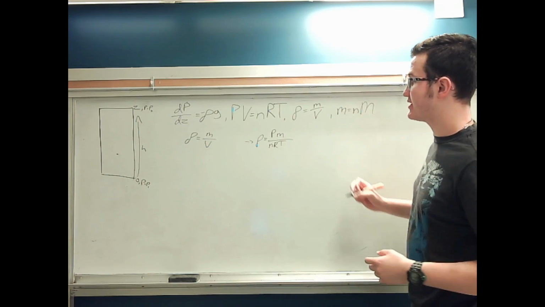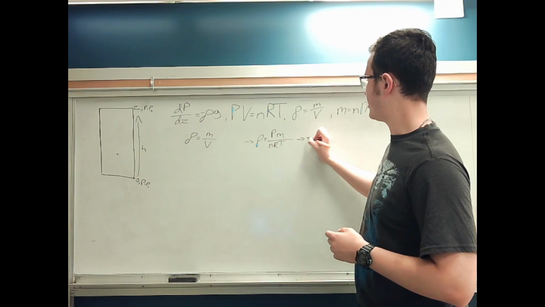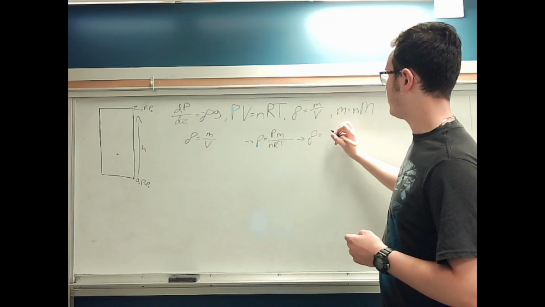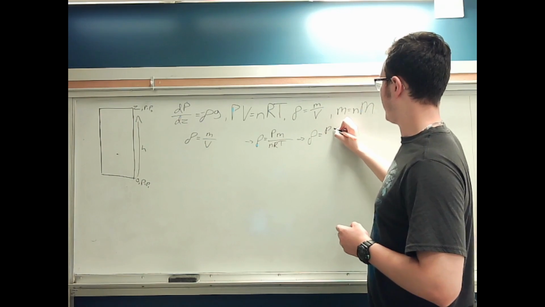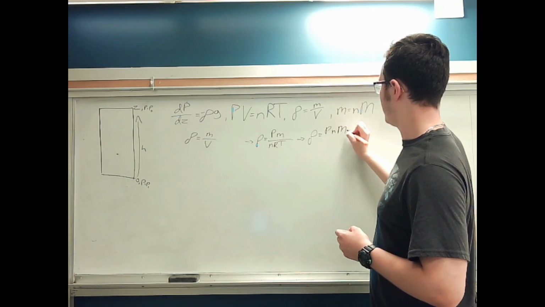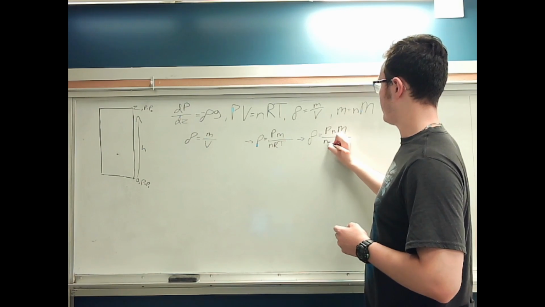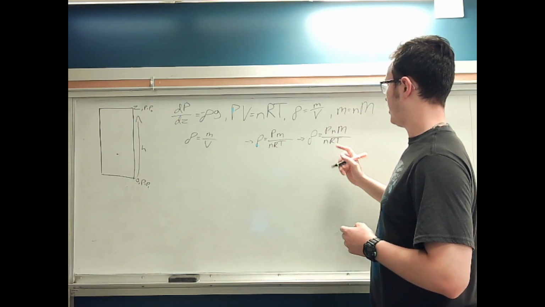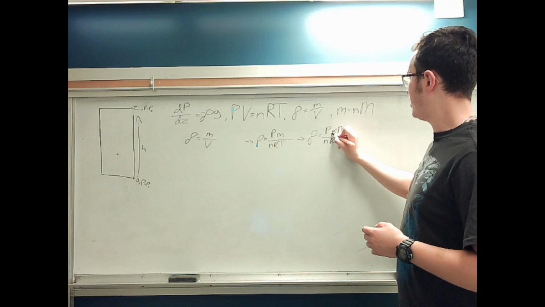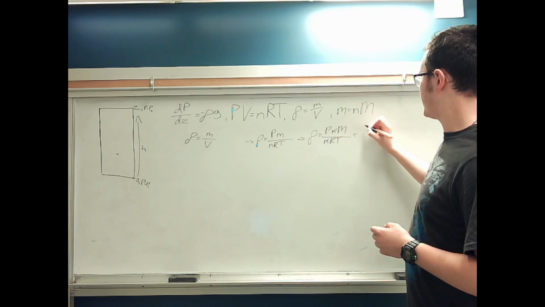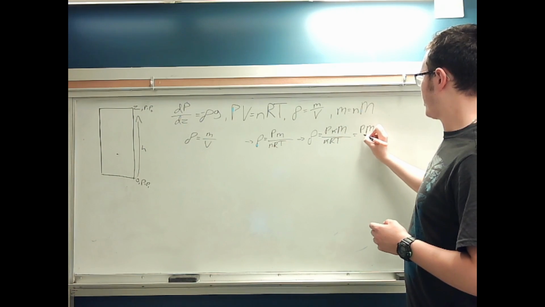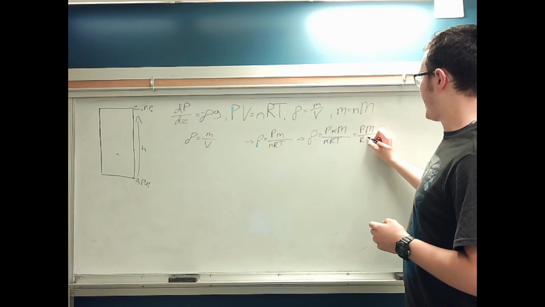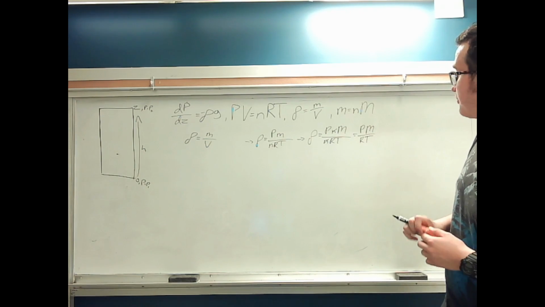Now that we have that, we can substitute in: density equals pressure, number of moles, molecular weight divided by number of moles, ideal gas constant, temperature. The moles cancel out, so density equals pressure times molecular weight divided by ideal gas constant times temperature.